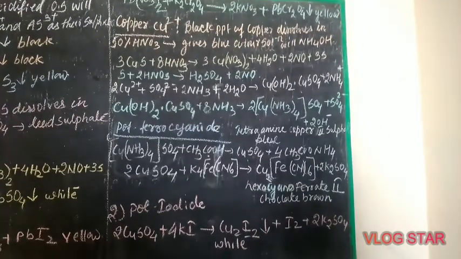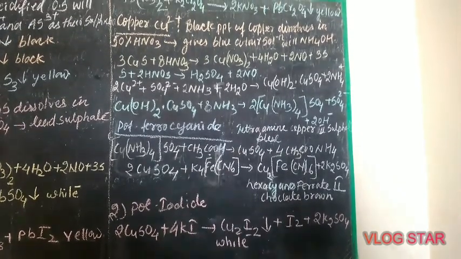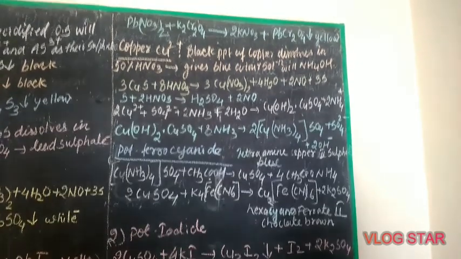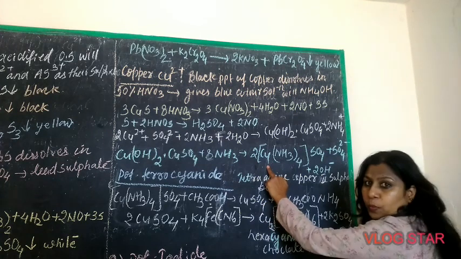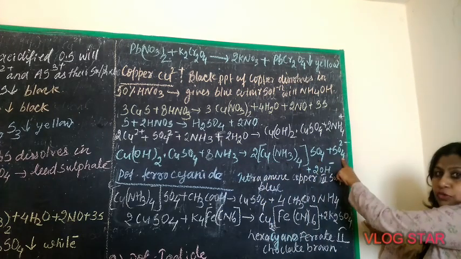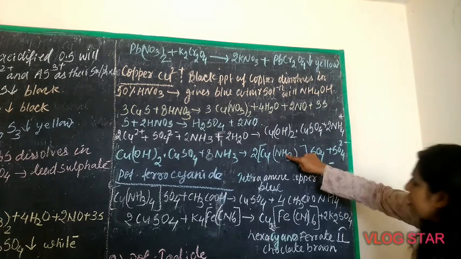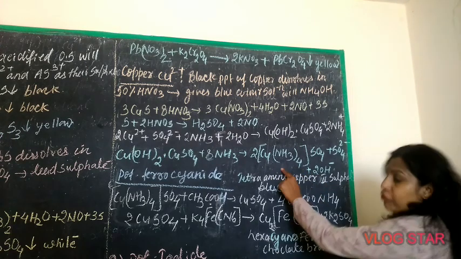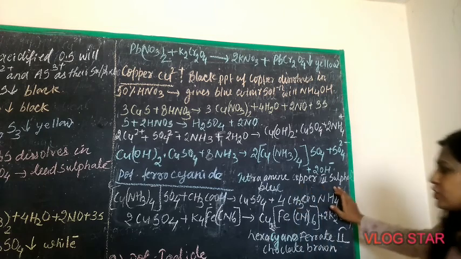Now this Cu(OH)2.CuSO4 + 8NH3 gives 2[Cu(NH3)4]SO4 + SO4 2- + OH-. Children, this is tetraamine copper 2 sulfate. This is of blue color, tetraamine copper 2 sulfate.